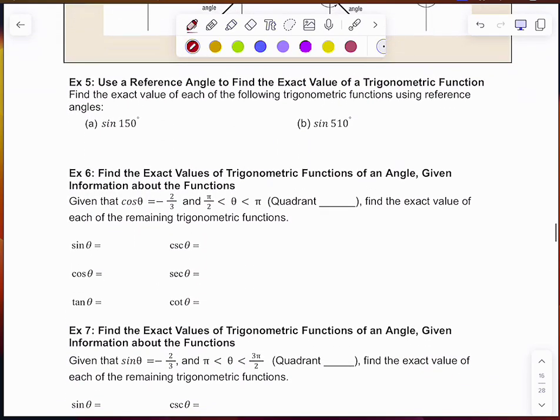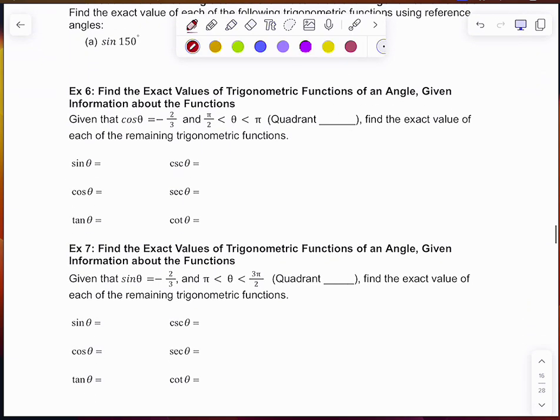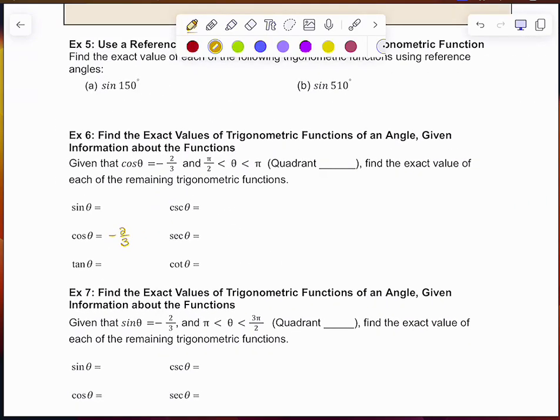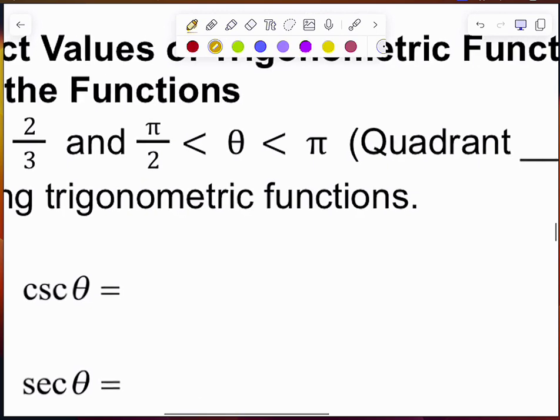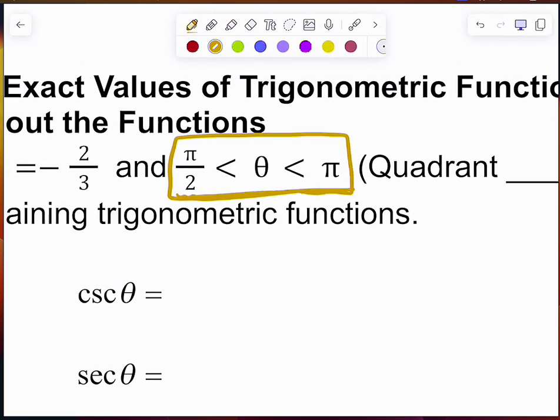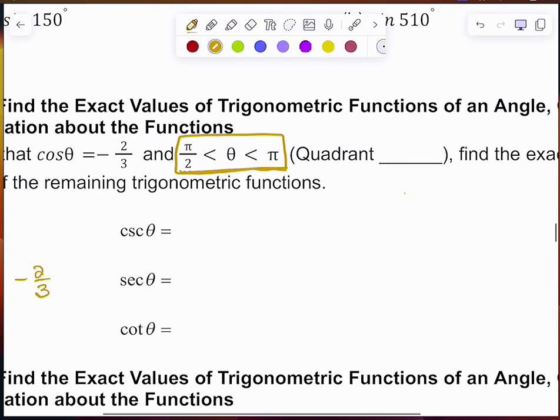We're going to skip to example number 6, and then we'll jump back, because I feel like this ties into what we just did. So, I'm telling you, given cosine of theta equals negative 2/3, I already know cosine. And I'm also telling you that the angle theta is between pi over 2 and pi. So let's think about what quadrant we are in.